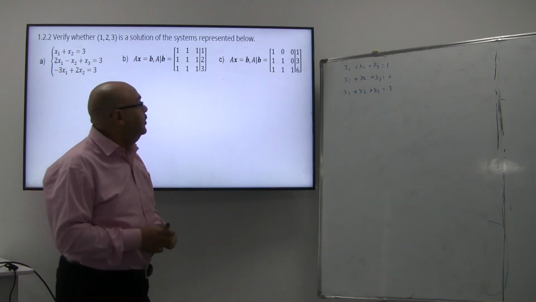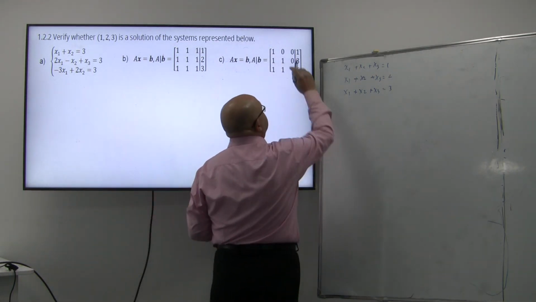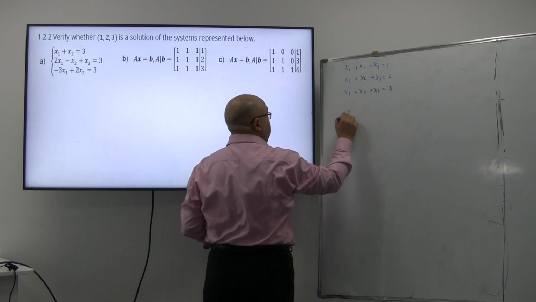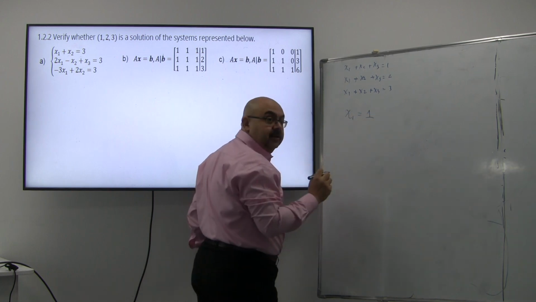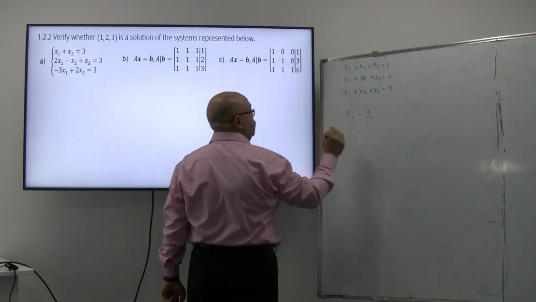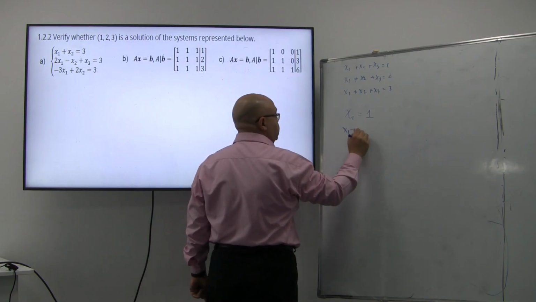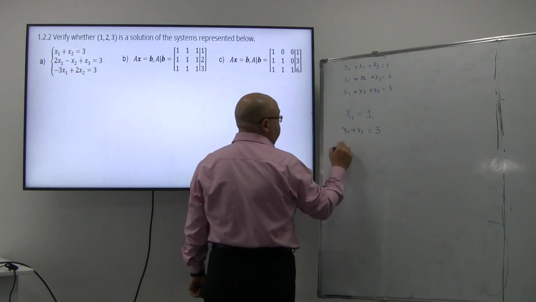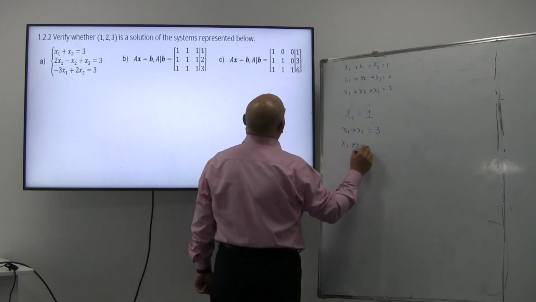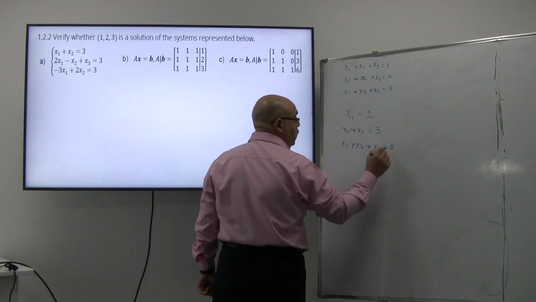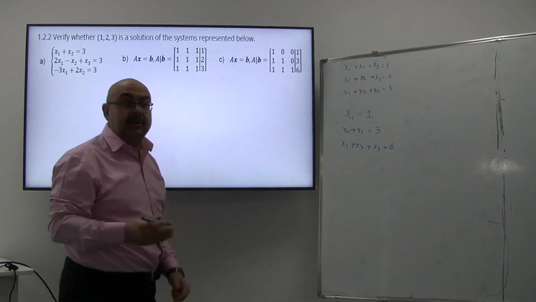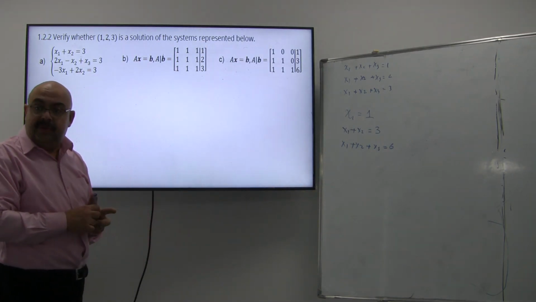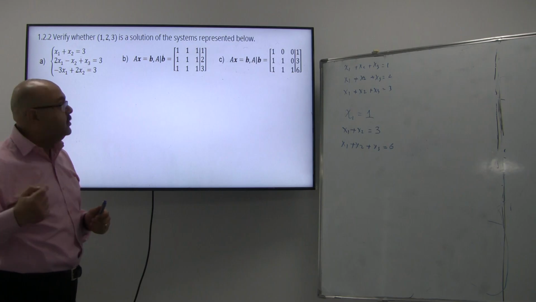Once more: the first row develops X1 equal to 1. The second row develops X1 plus X2, which comes to 3. The last one is X1 plus X2 plus X3, which equals 6. Substitute. They are all correct. So 1, 2, 3 is a solution for this system.